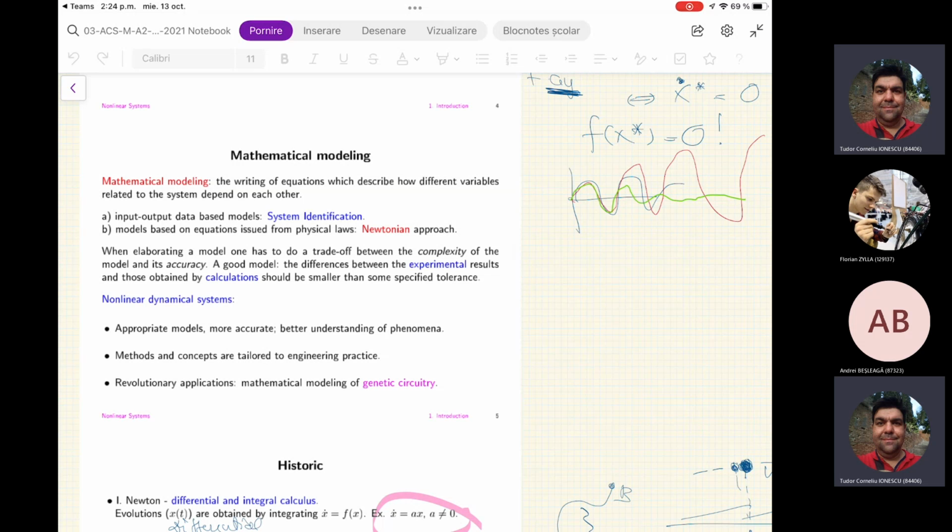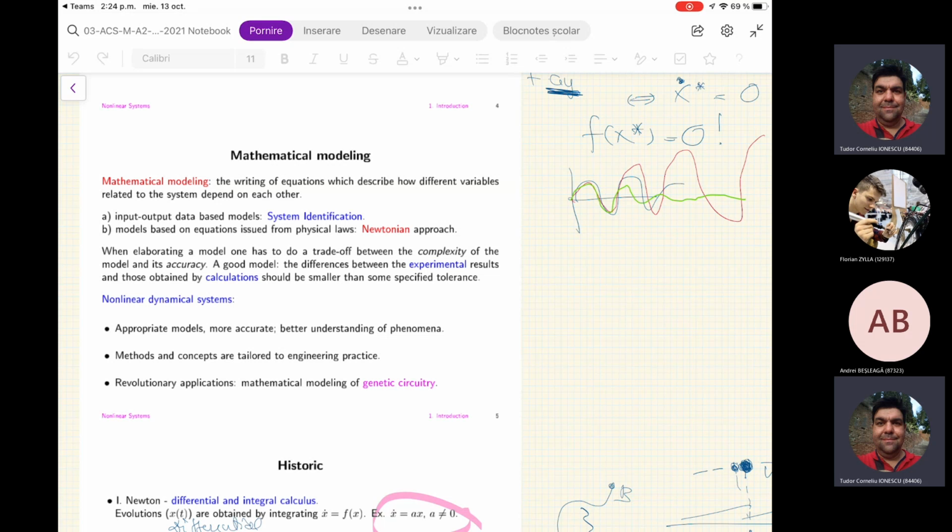Whereas here we are going to emphasize the idea of mathematical modeling in the sense of systemic properties and of systems theory. We have to understand what a mathematical model is from a mathematical and physical point of view, and what a mathematical model is from a systemic point of view.